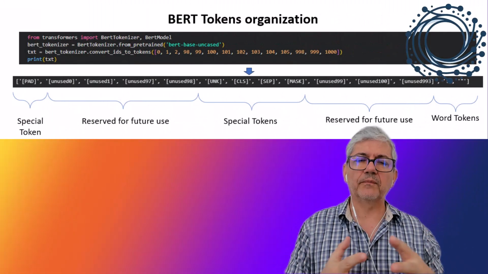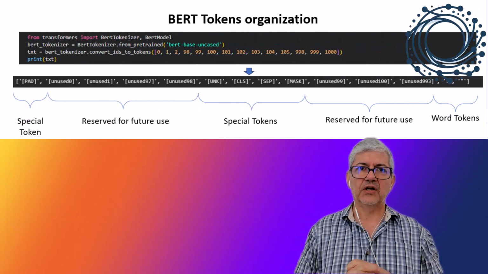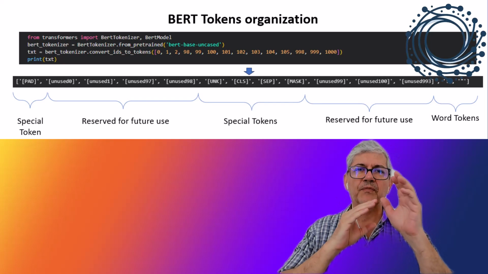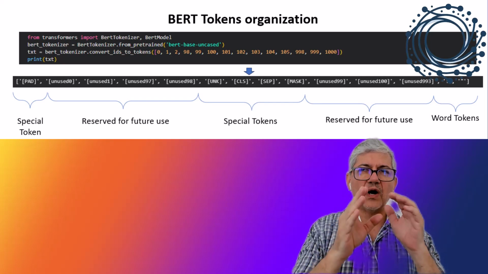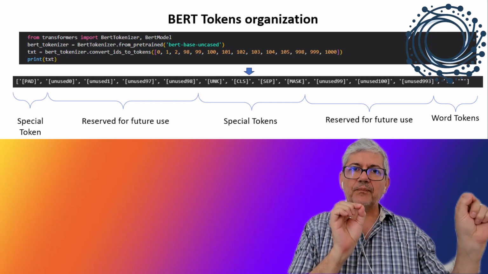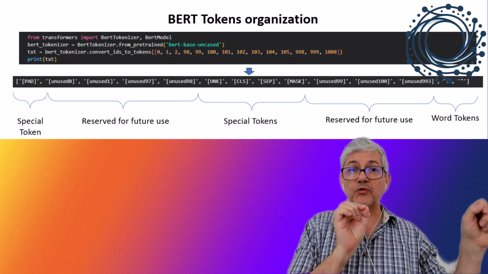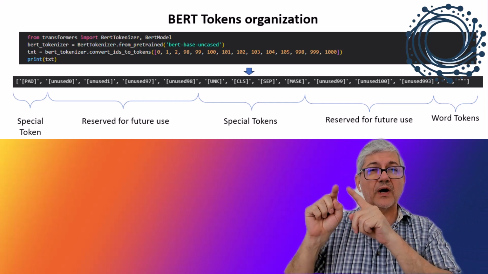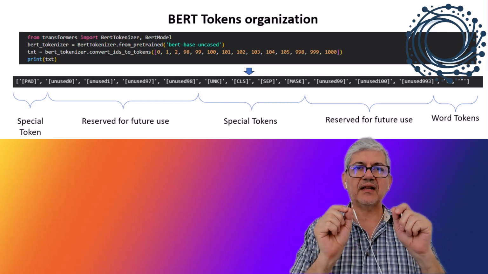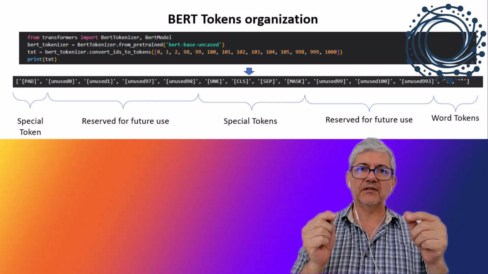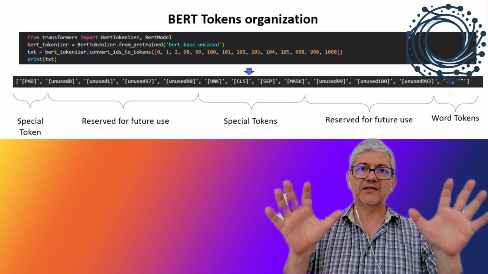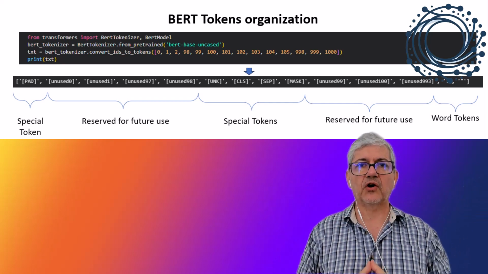If you explore the BERT tokenizer, for instance, you will see that these special tokens are around the token 100, 101, 102. And if you look at the entries before that, from 0 to 99, and from 105 to 999, you will see that the engineers that built the BERT tokenizer reserved some spaces for future enhancement of the tokenizer.